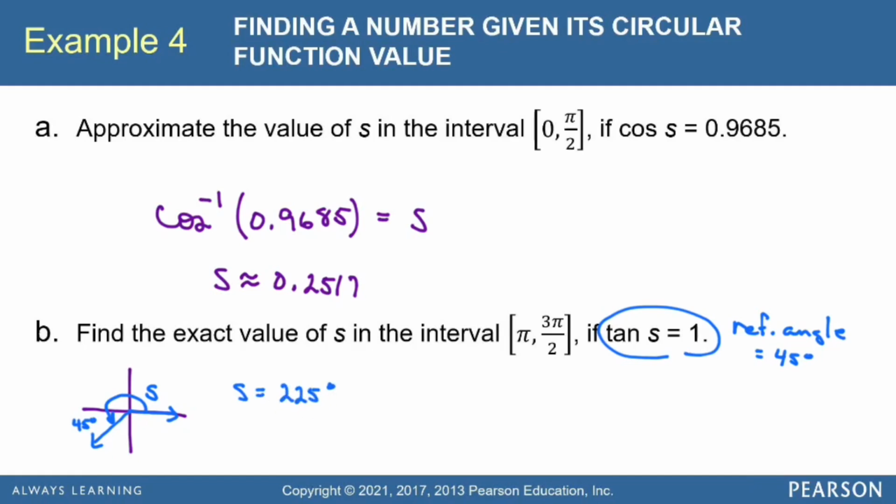But of course, when we're working with s, we really want to get into radian form. And also the clue here with the interval tells us that we're expected to give an answer in radian form. So we know that 225 is 5 times 45 degrees, which in radian form is going to be 5 times pi over 4. So the third quadrant angle that has a tangent value of 1 is 5 pi over 4.